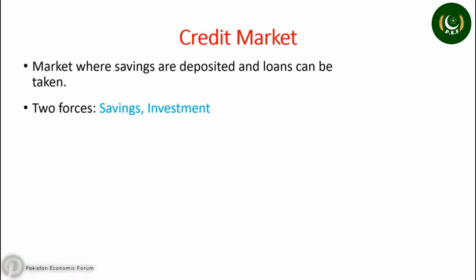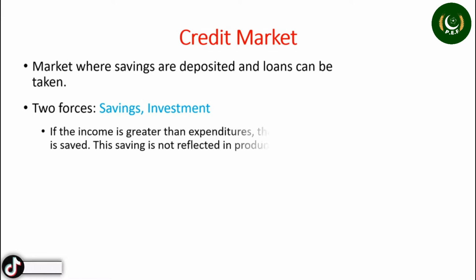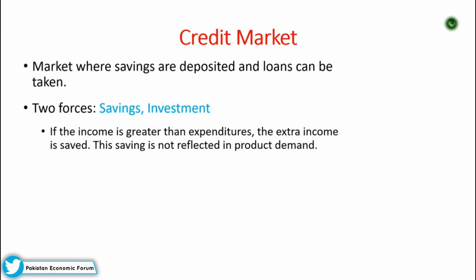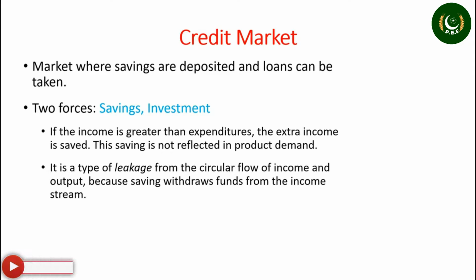Students, if the income is greater than expenditures, the households save the extra income, which is not reflected in product demand. Therefore, it is a type of leakage from the circular flow of income and output, because savings withdraws funds from the income stream.